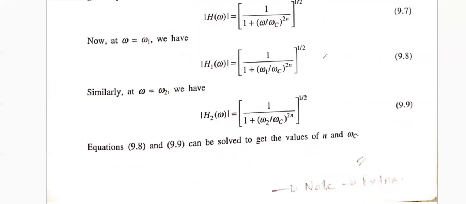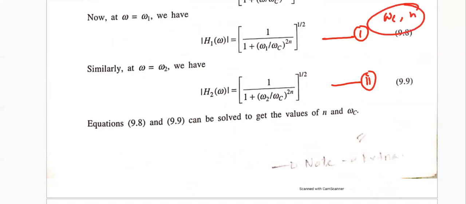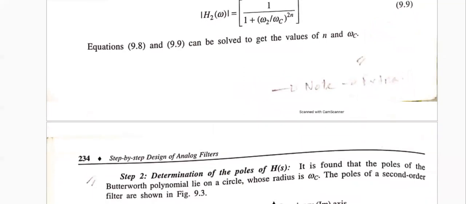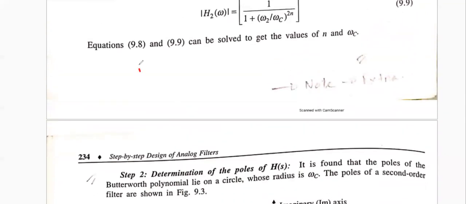So we have two unknowns and two equations. These are equation number 1 and equation number 2. And what are the unknowns? Unknowns are omega C and n. So from there we can solve this, and we can solve the values for n and omega C.